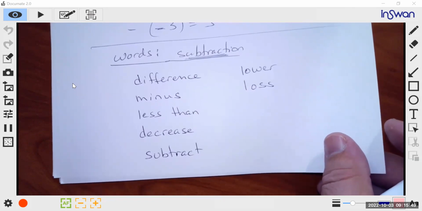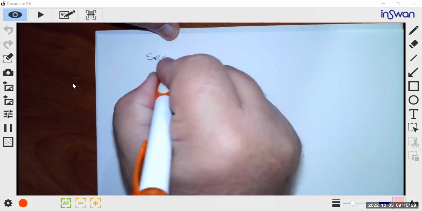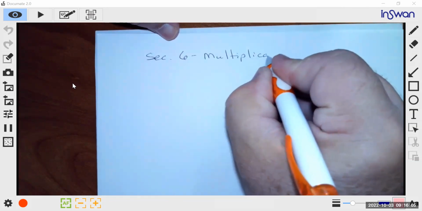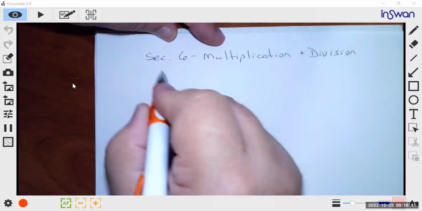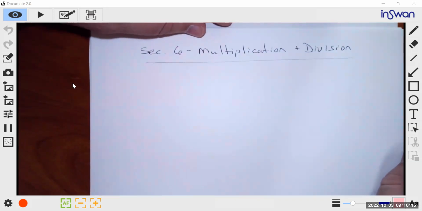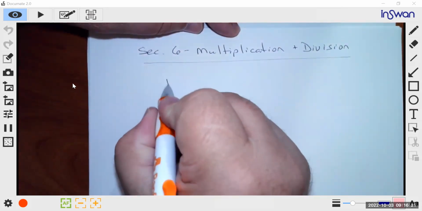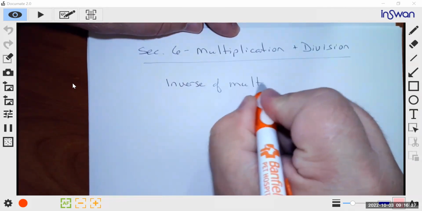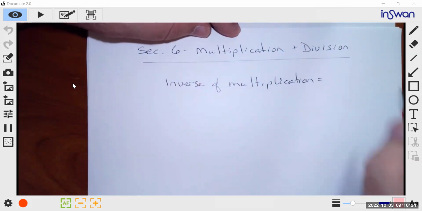All right, so the next one we have is section 6. That deals with multiplication and division. The inverse of multiplication is division.